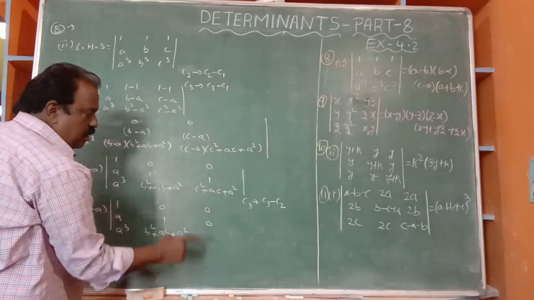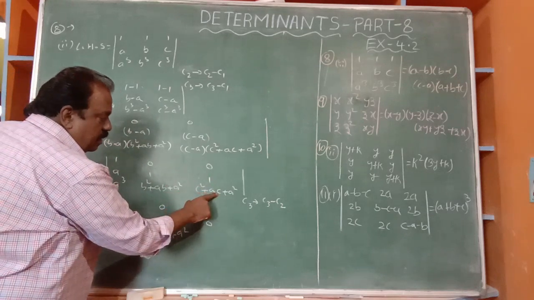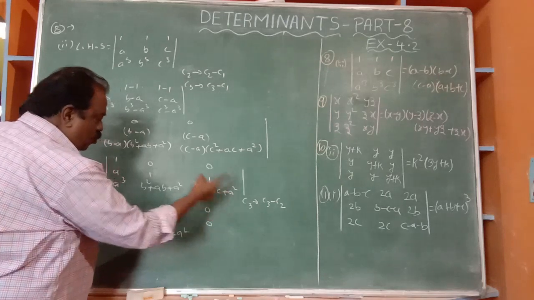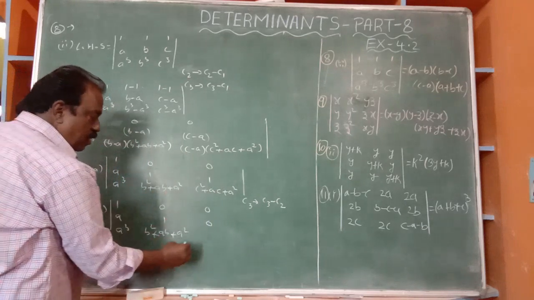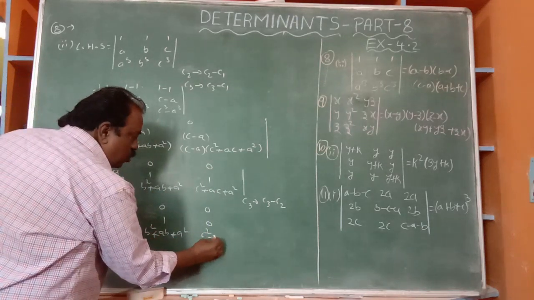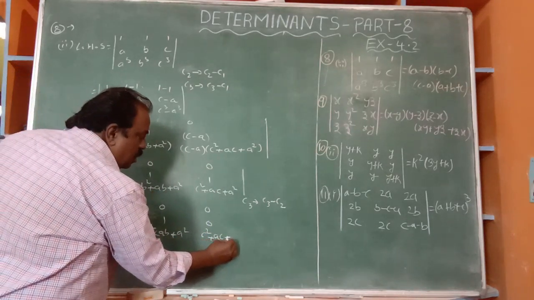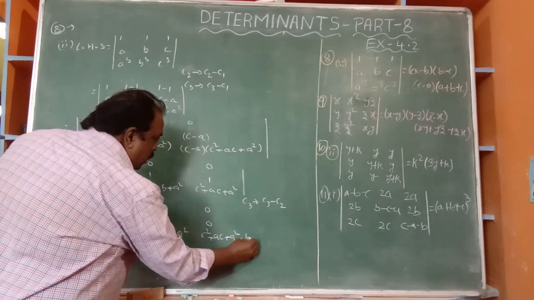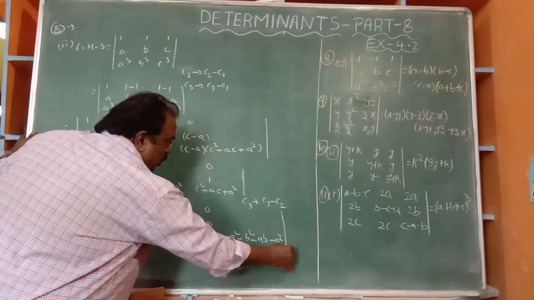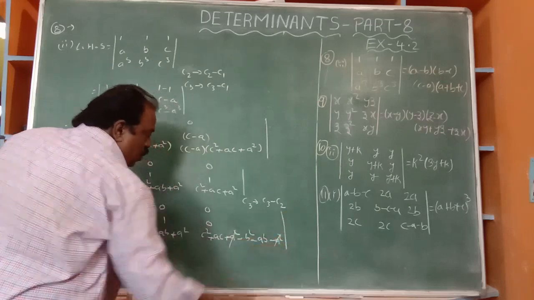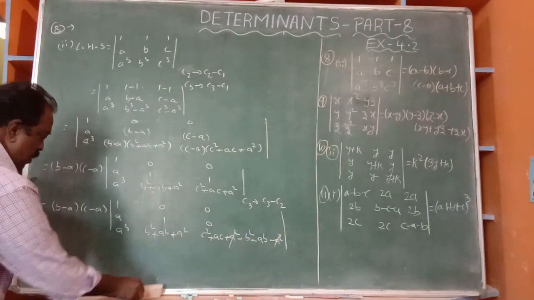Here also you observe that C square plus AC plus A square minus B square minus AB minus A square is there. So A square cancels.